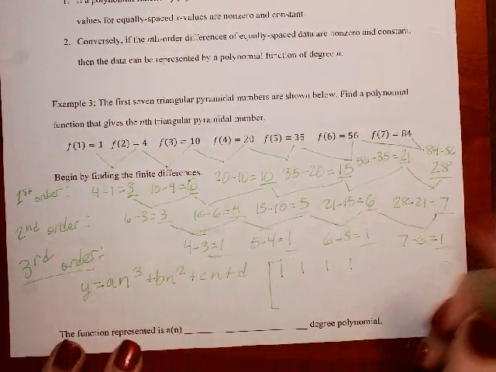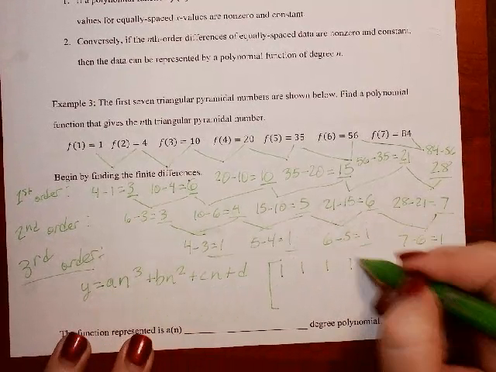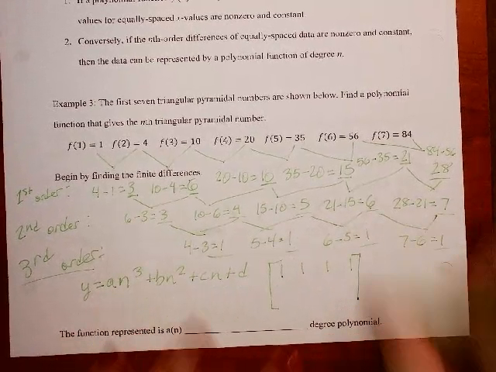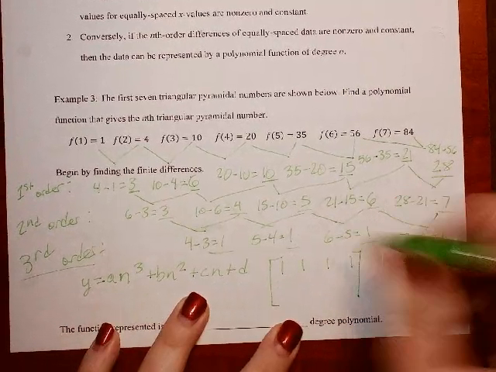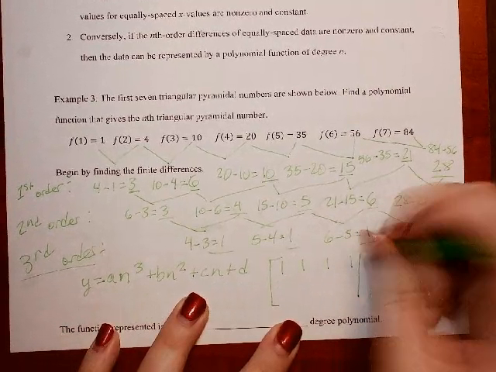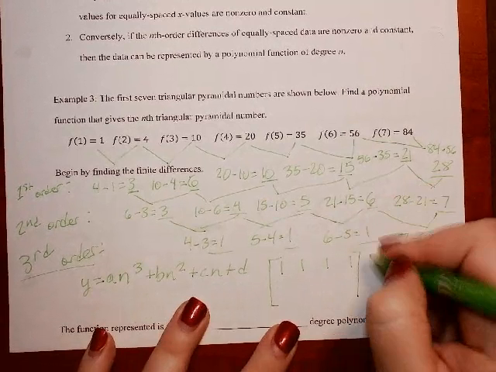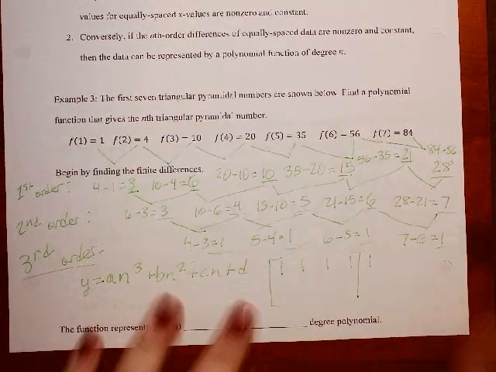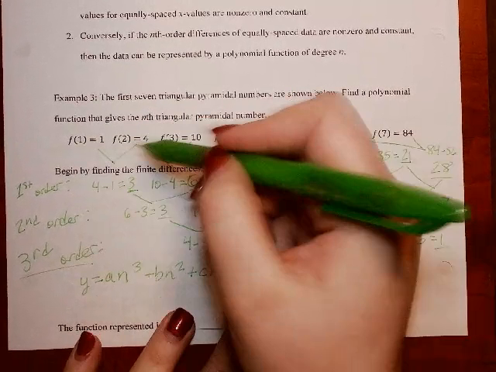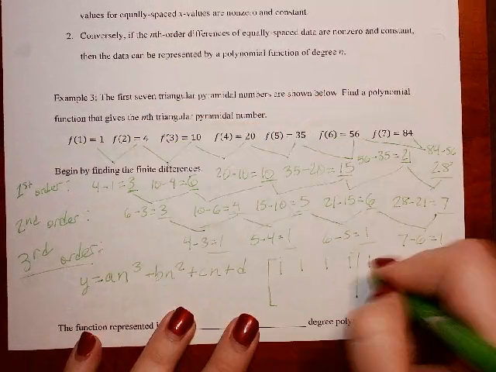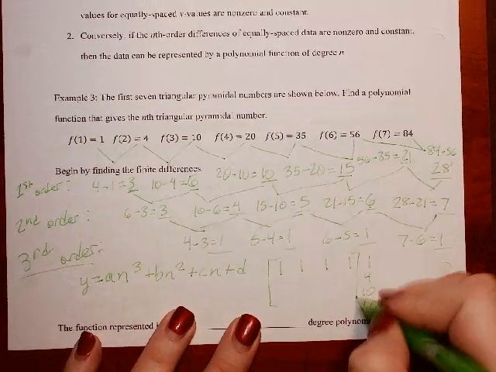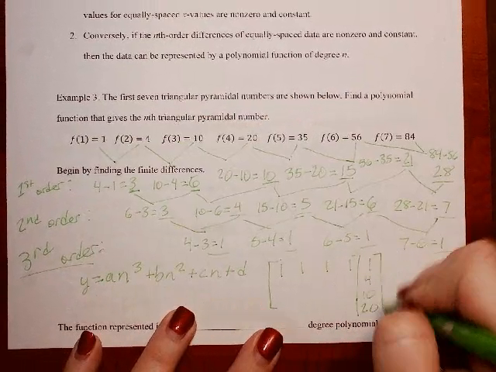And then our last column is going to be 1, because f of 1 equals 1. So our last column is going to be 1, 4, 10, and 20. Because we have 4 variables, a, b, c, and d, we are going to just have 4 rows.